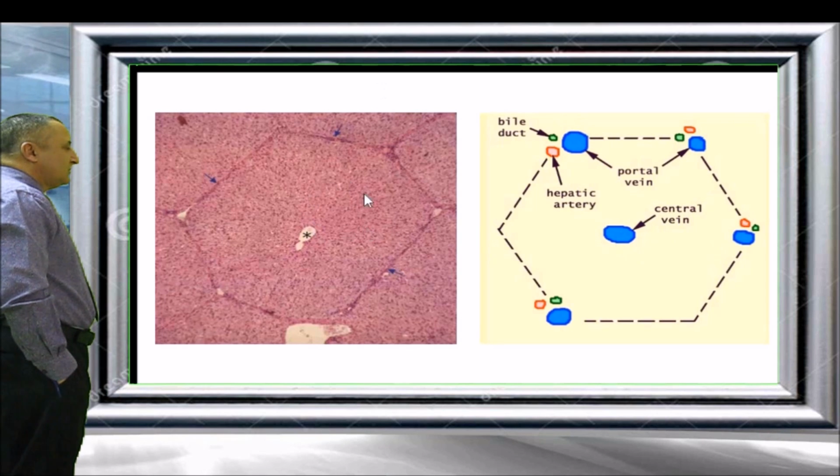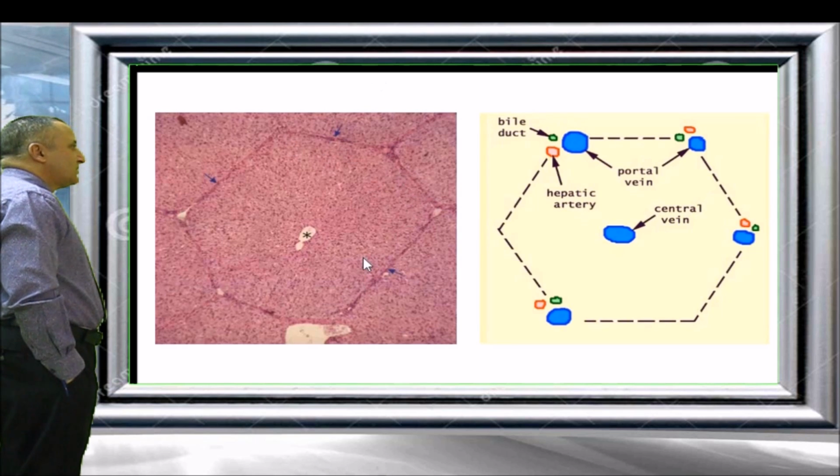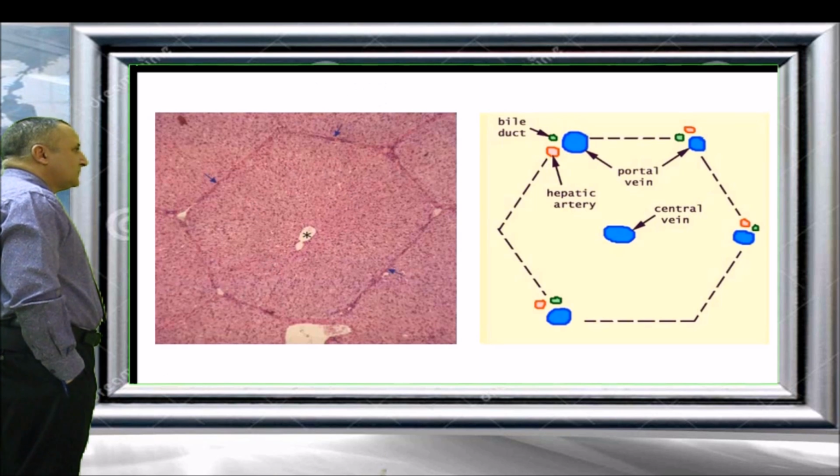So on this side you can see the hexagonal lobule, and this lobule is made up of hepatic cells, which are called hepatocytes.